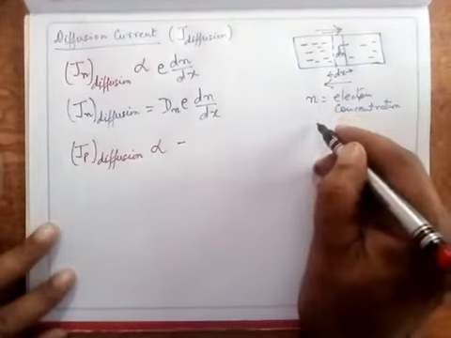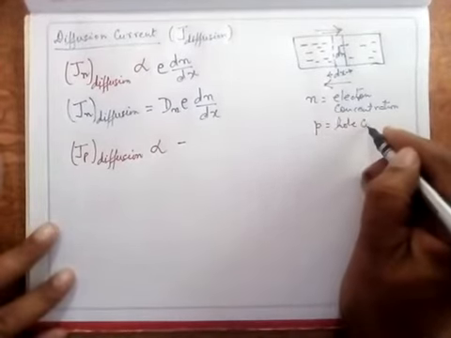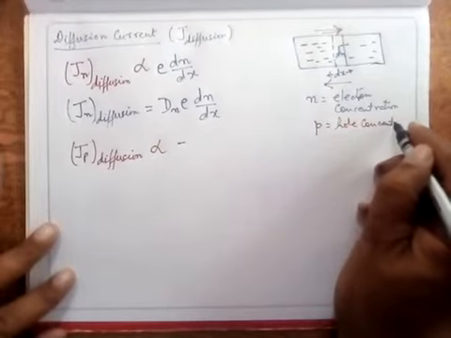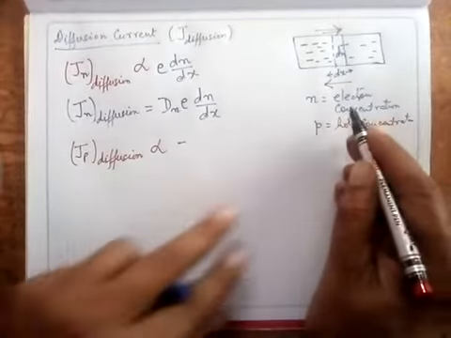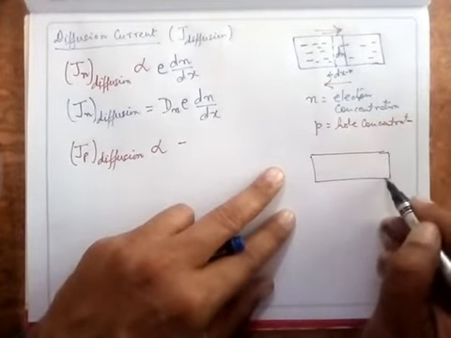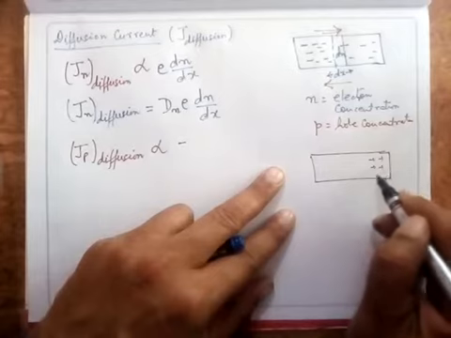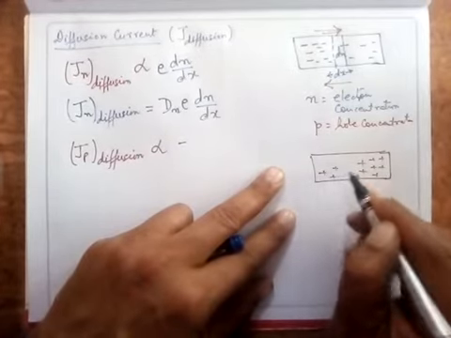And suppose I say that p is the hole concentration. Again I assume that this is a strip here. These are the holes, large concentration. Then here you have lower concentration.